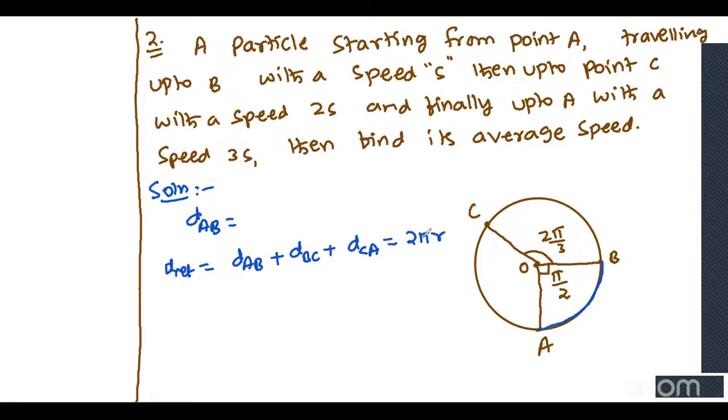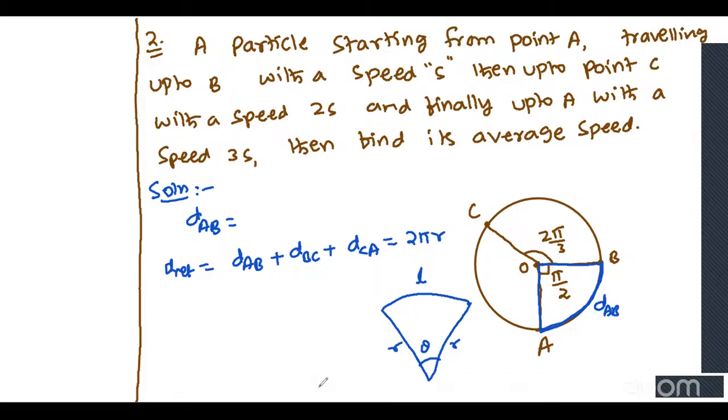Now this OAB is in the form of an arc, right? If we have an arc, we know that length is nothing but the distance only.